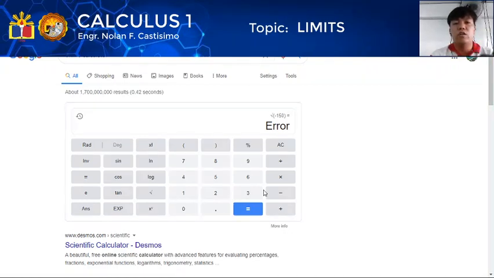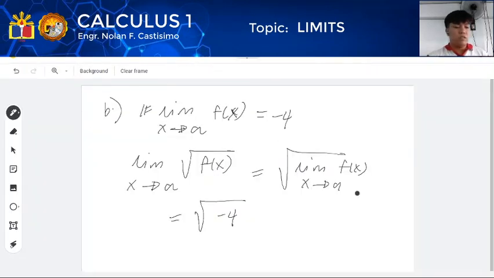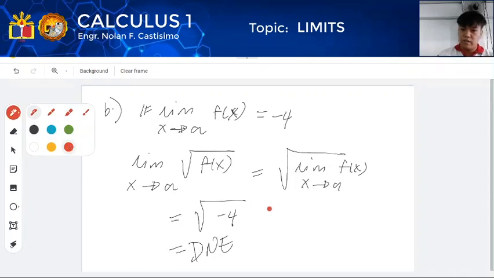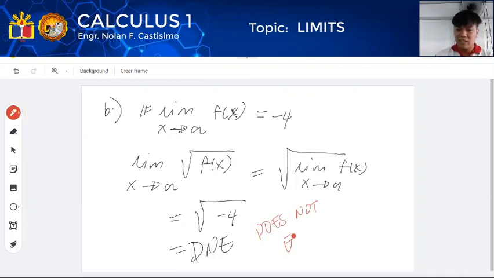Okay? So, only positive number or 0 ang pwedeng may square root. So, ito, not applicable. Does not exist ulit. Or, does not exist.